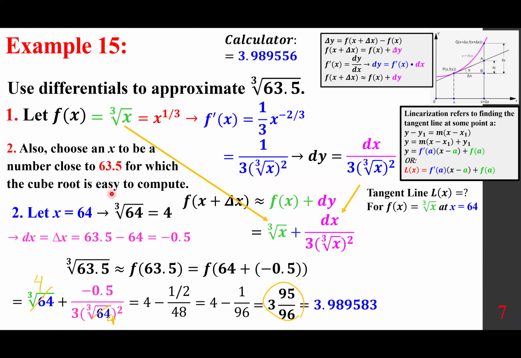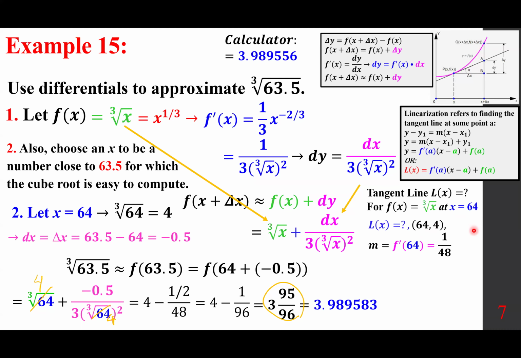What is the slope? If we go back here, f prime of x, replace it with 64. Remember, this becomes what? 4 squared, 16 times 3. This is 48. So 1 over 48. So L of x is of interest to us at the following pair, 64 comma 4, with m being f prime of 64 or 1 over 48.